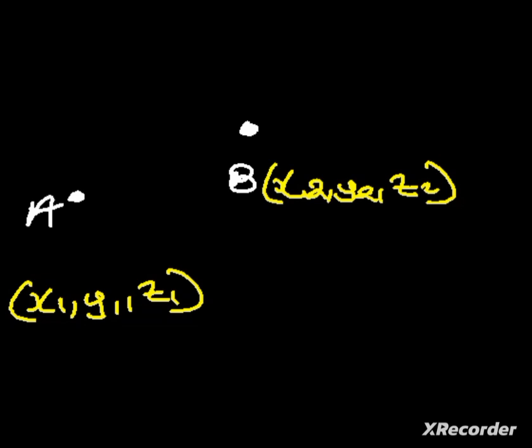And we have another point, a point C, having the coordinates x3, y3, as well as z3.